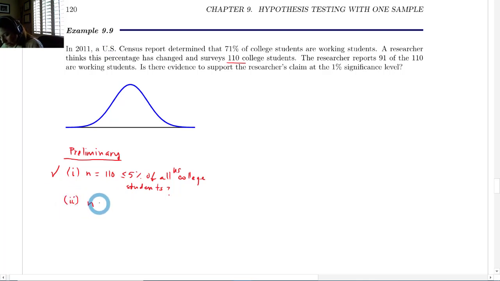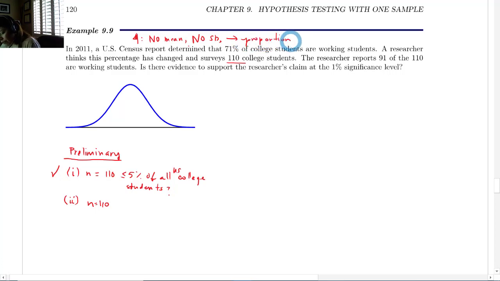The other one is the sample size of 110, and I just want to make sure that we are on the same page here. Because no mean or standard deviation is given, I automatically assume that we have a proportion. So no mean, no standard deviation, you can assume it's a proportion.